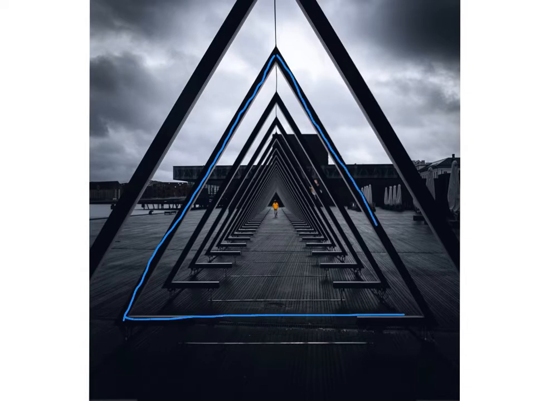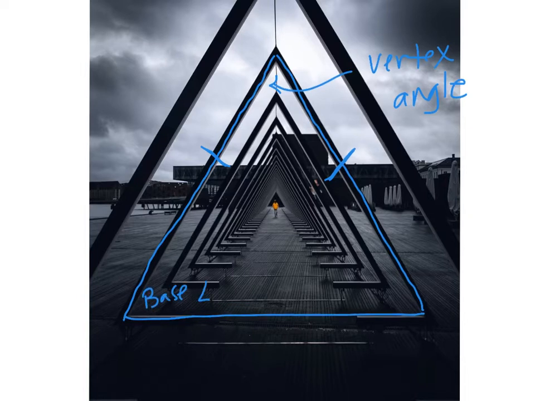So the thing is that an isosceles triangle has two congruent sides, and we're going to be looking at the different parts. So you have congruent sides, the angle between the congruent sides, that is called your vertex angle, and then the other angles across from the equal sides are called your base angles. So down here we have a base angle. This angle over here is also a base angle.